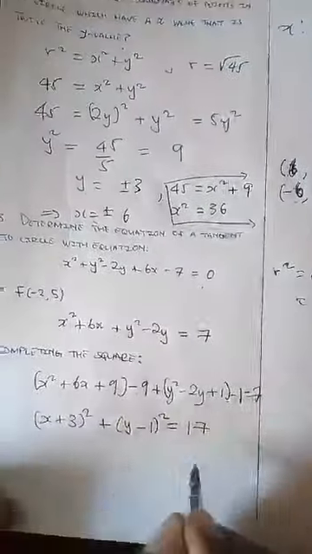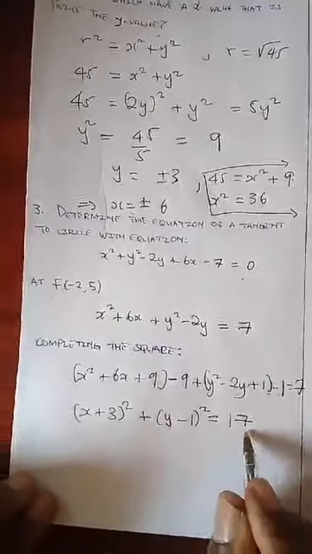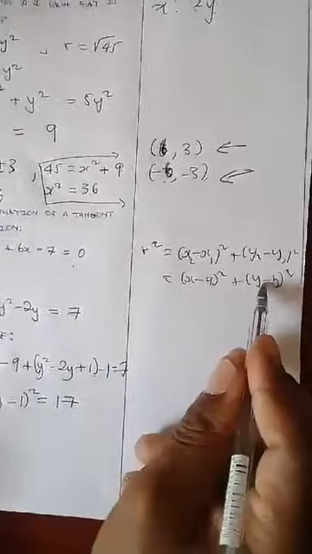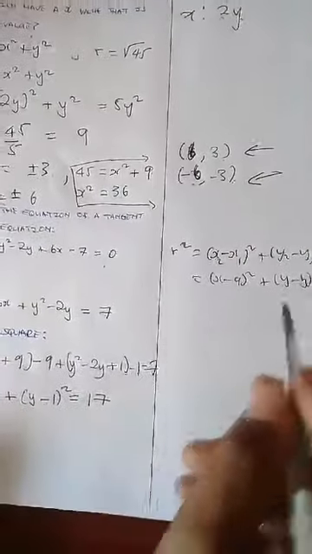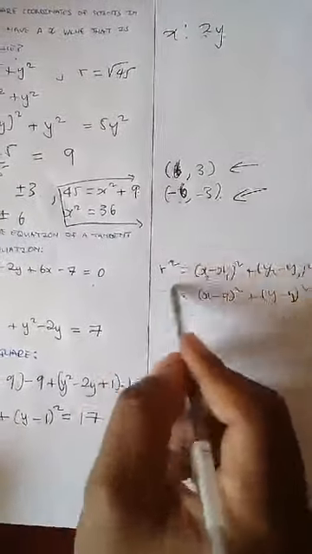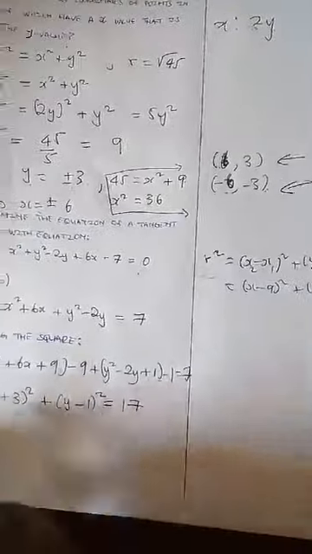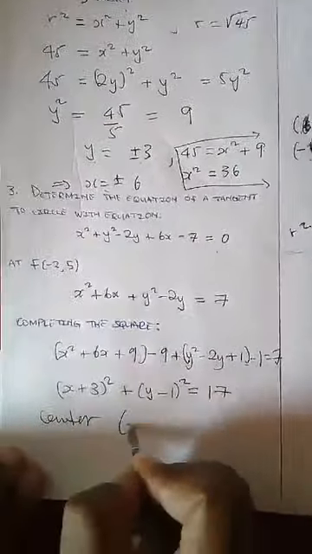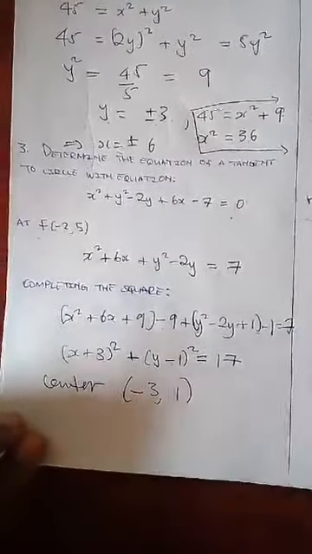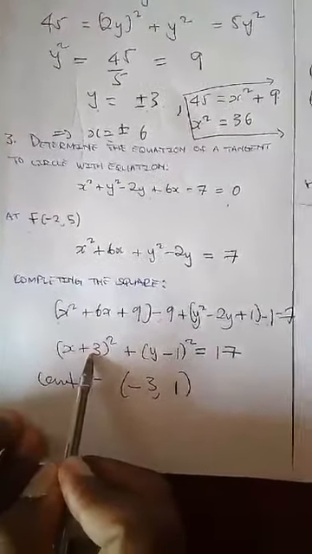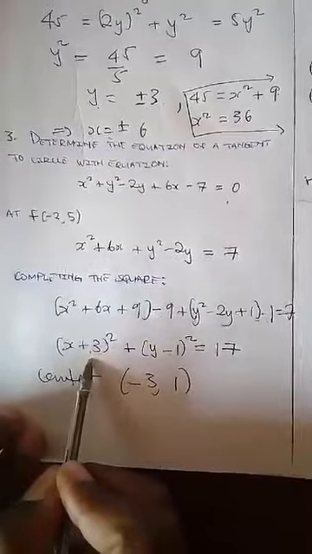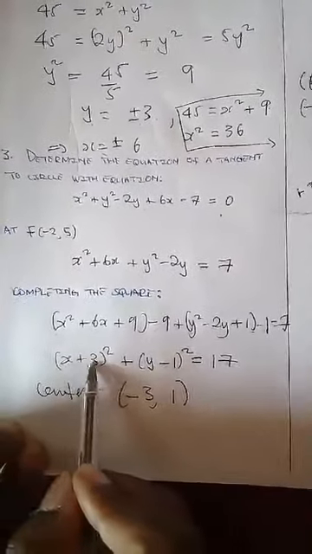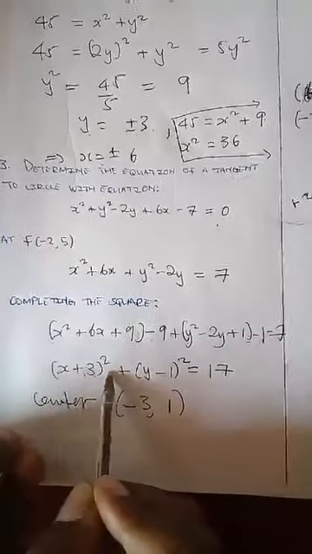So you can see that now you have it in standard format. Now you have it as x plus a number squared, plus y minus a number squared, equals some number, which is the radius squared. Now we have it in standard format, and you can see that the center here is at minus 3 and 1. The center is not at positive 3, because remember, this will be a root. If you say x plus 3 is 0, this would mean x is minus 3.